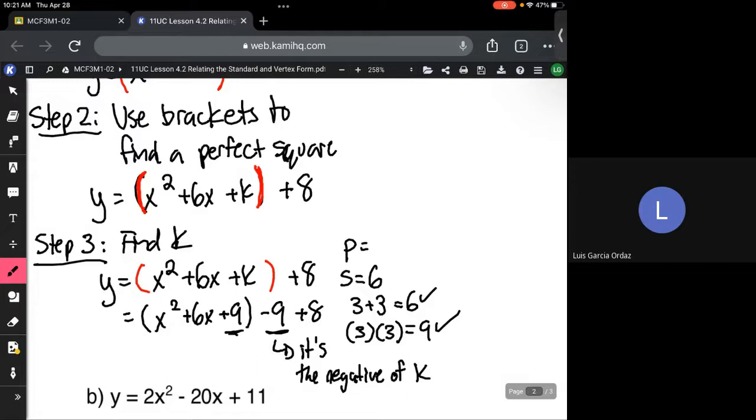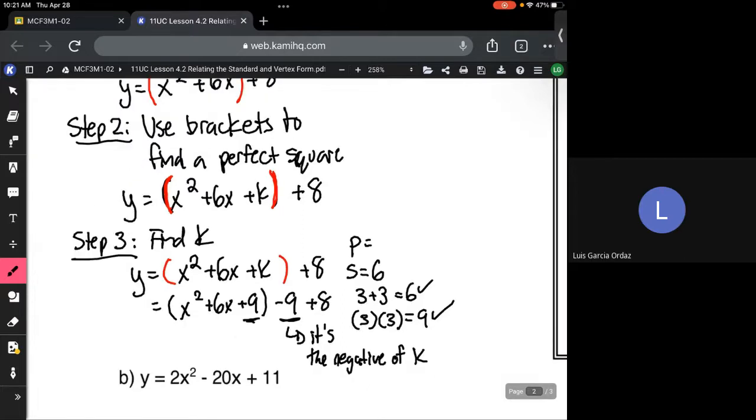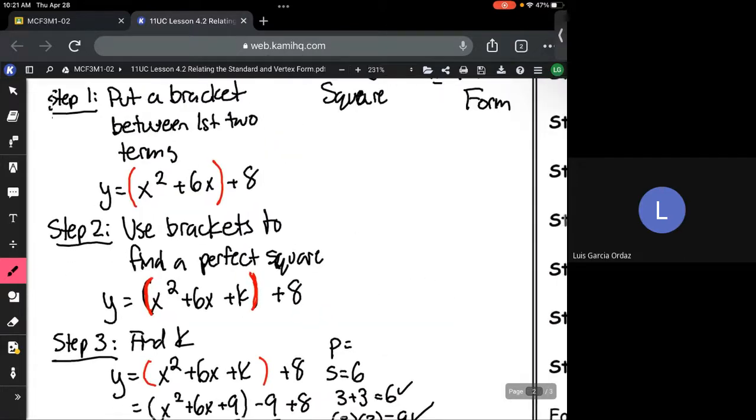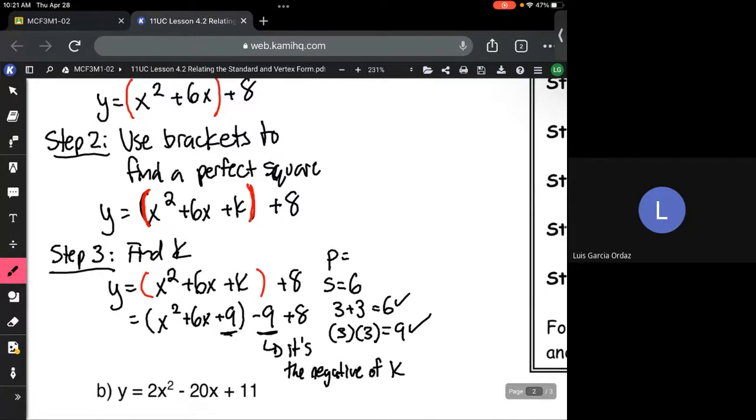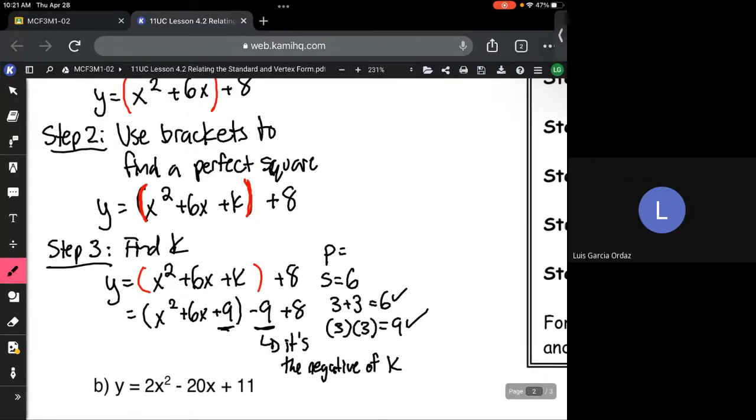Whenever you're completing the square, that k value, 9 in this case, has to be negated outside of the bracket so that you get your vertex properly, because the vertex of this should be 3 and negative 1. Is that true in every single case? Yes, every single case. The number on the outside of the bracket is just your negative k, whatever k is in negative form.